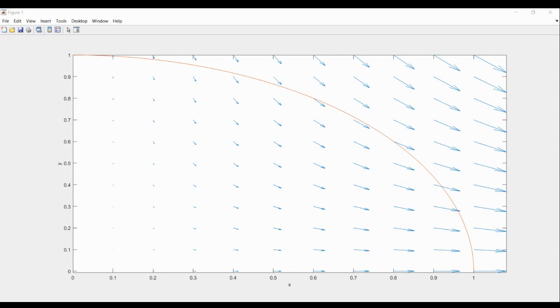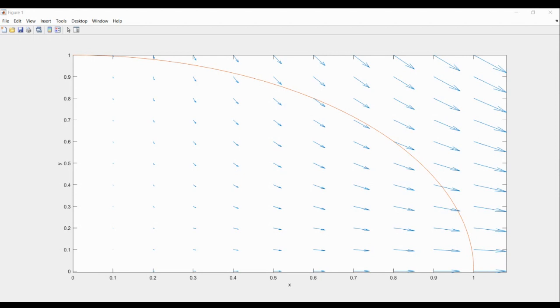So let me ask you, when we compute the work that the force field does in moving the particle from (1, 0) to (0, 1), do you think the work would be positive or negative based on the force field?